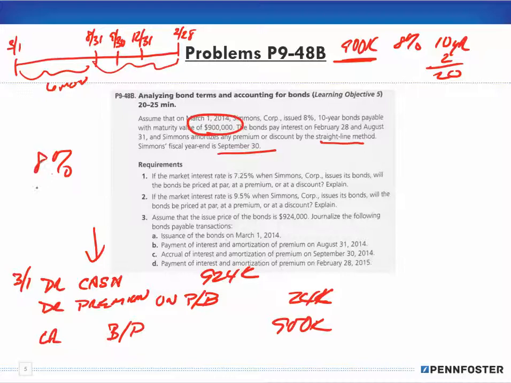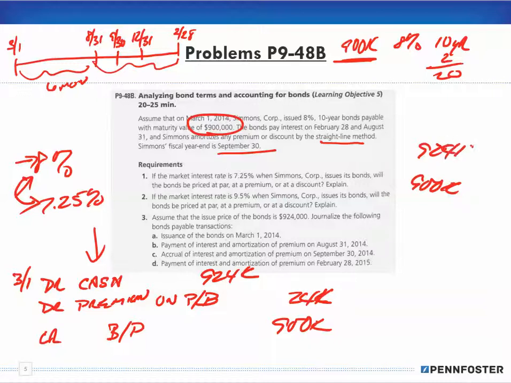We were talking about 8% was par, and if we're getting 7.25%, we said that's going at a premium over the market rate. And here we're talking about a premium based upon the dollar amount of the bond itself, so we're getting more cash on the bond itself.